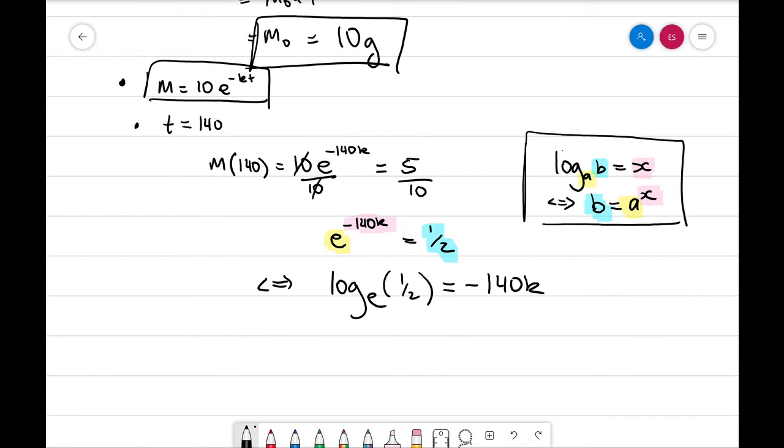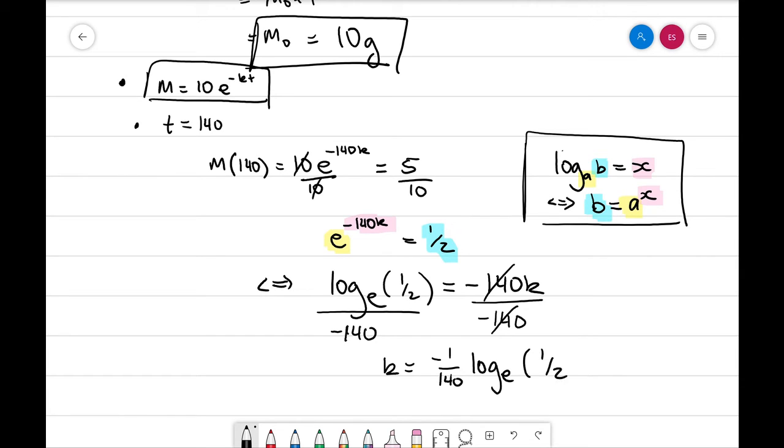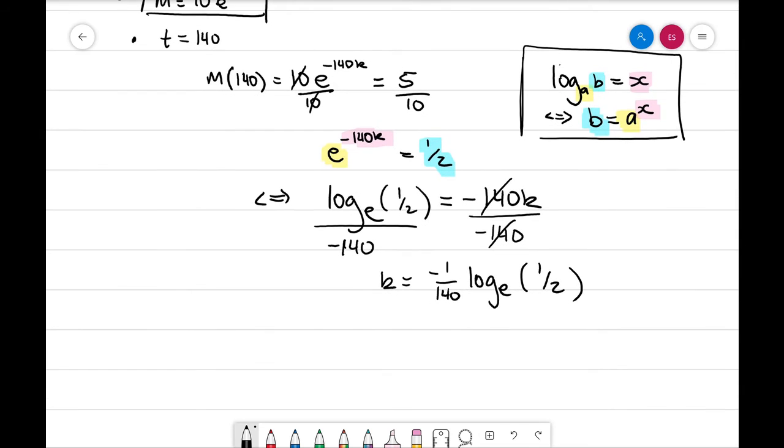And then what we need to do is we need to get k by itself. So let's just divide both sides by 140. So we'll get k is equal to minus 1 on 140 log to the base e 1 on 2. Now you can either chuck that straight into your calculator or you can simplify it a little bit.